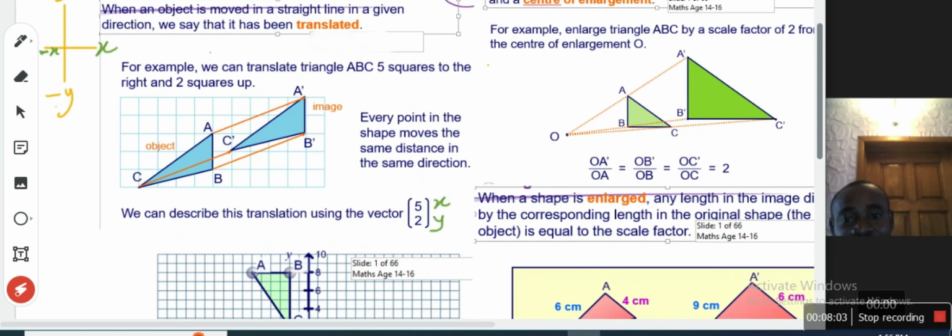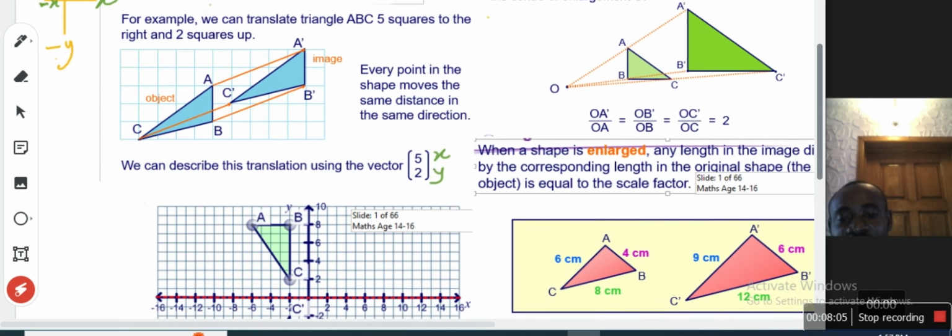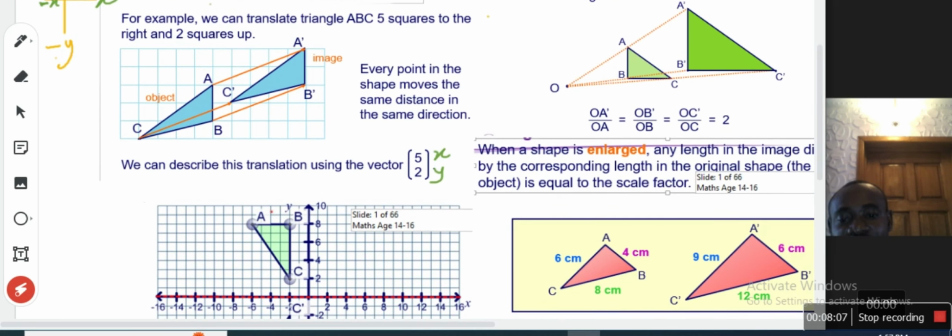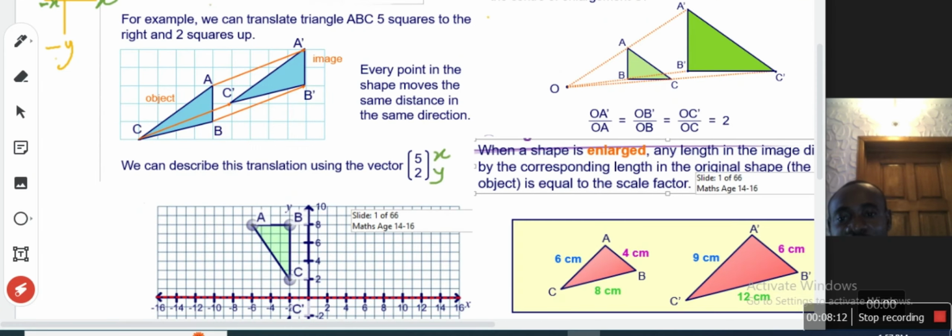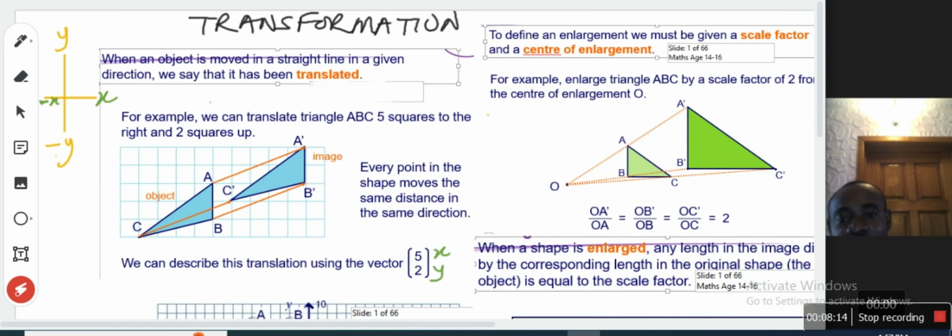I'm still talking about translation. In fact, I will do translation on this one, or I will draw another one. So let's go again. What does it mean to translate using the column vector 5, 2? 5 along the x-axis. That is 5 to the right because it's positive.